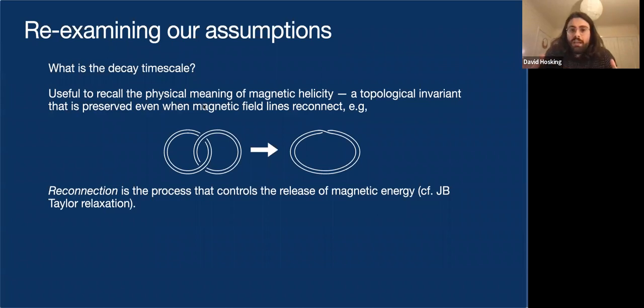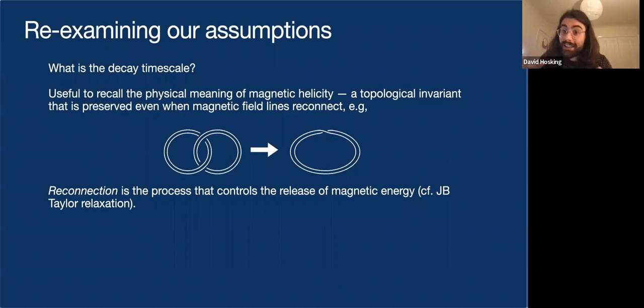Now, of course, helicity is only a special quantity if magnetic field lines are actually reconnecting. The basis of the conventional theory of MHD relaxation, often called J.B. Taylor relaxation, the relaxation subject to net helicity, is that you have a bunch of magnetic field lines that are continuously reconnecting.